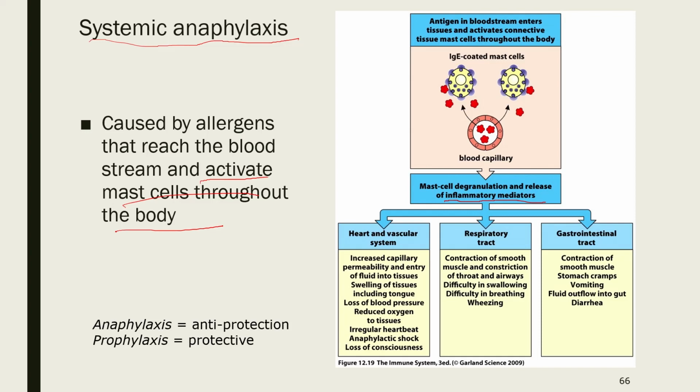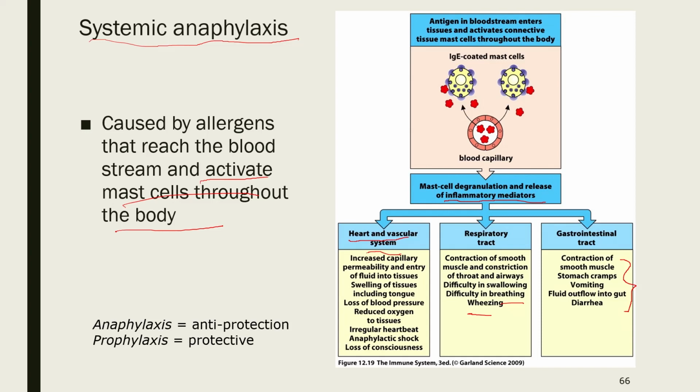So if the airways mildly contract, now they contract more: difficulty swallowing, difficulty breathing, and wheezing problems. And in the GI tract, you lose even more fluid from throwing up and having diarrhea. Now there are more systemic circulation problems affecting your heart and vascular system.